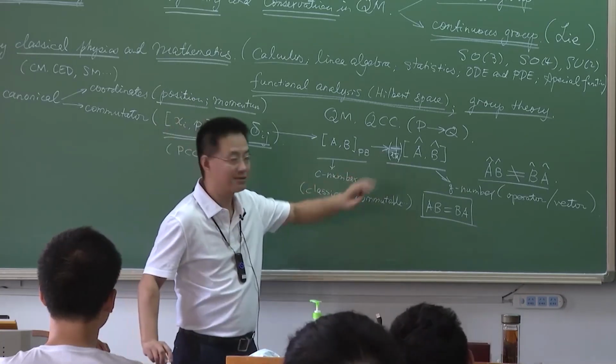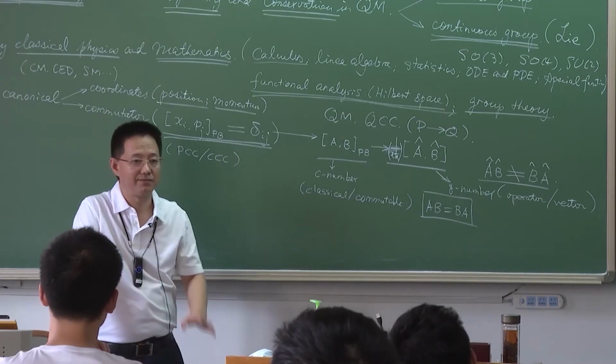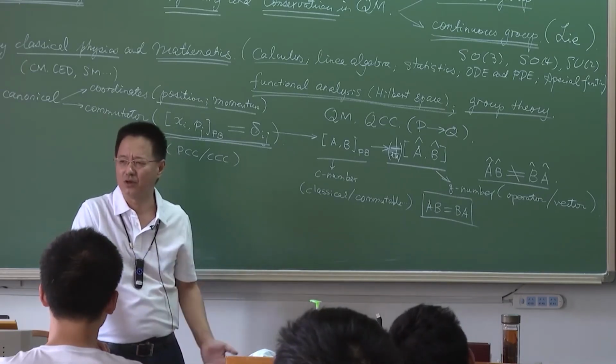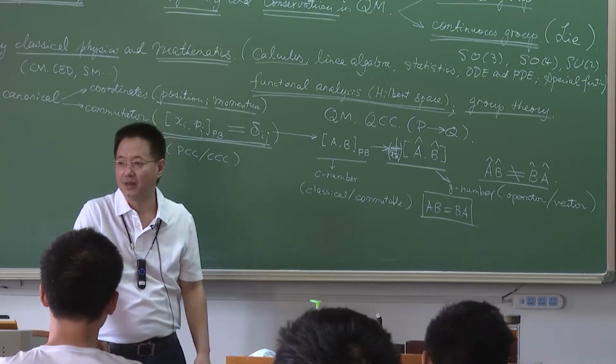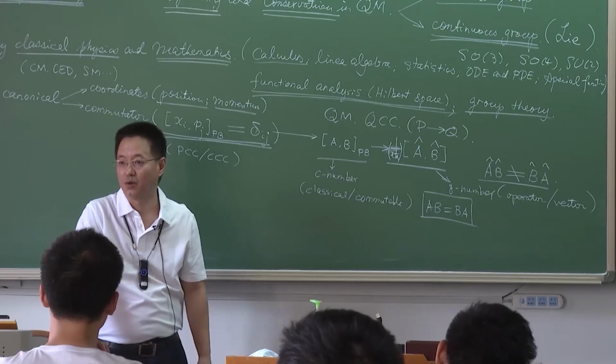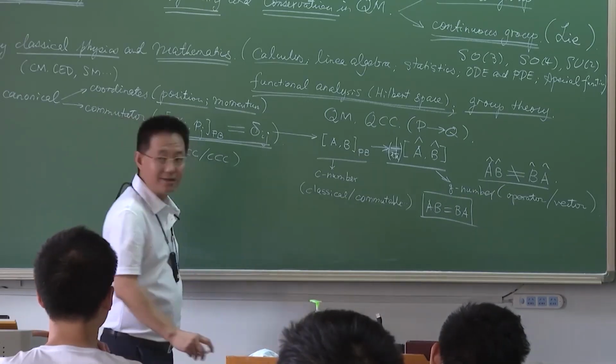You just need to insert such a factor. That's enough. So that's why I told you at the very beginning, it could be a very hard job, a lot of work, no problem. After that, you have learned almost all of the quantum mechanics, maybe 70% or 80%. Okay, understand what I mean?